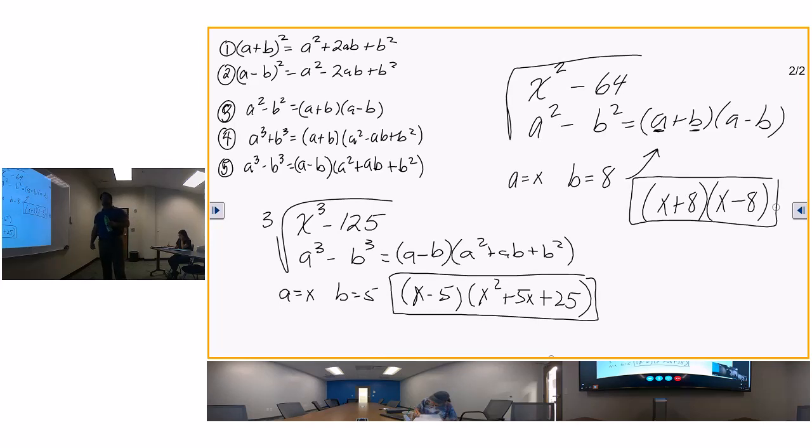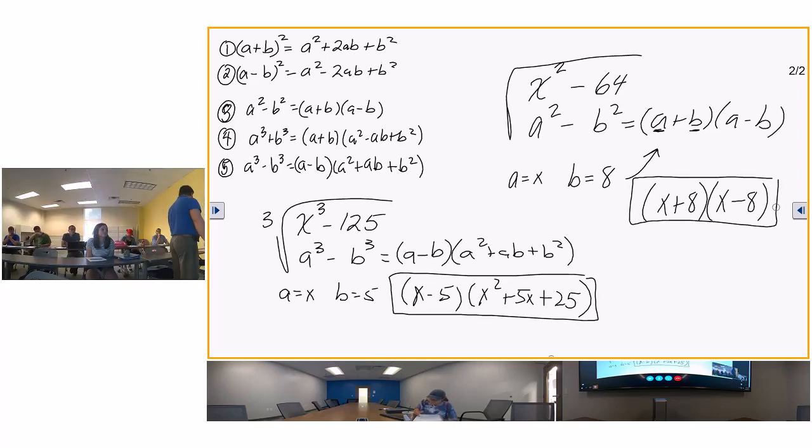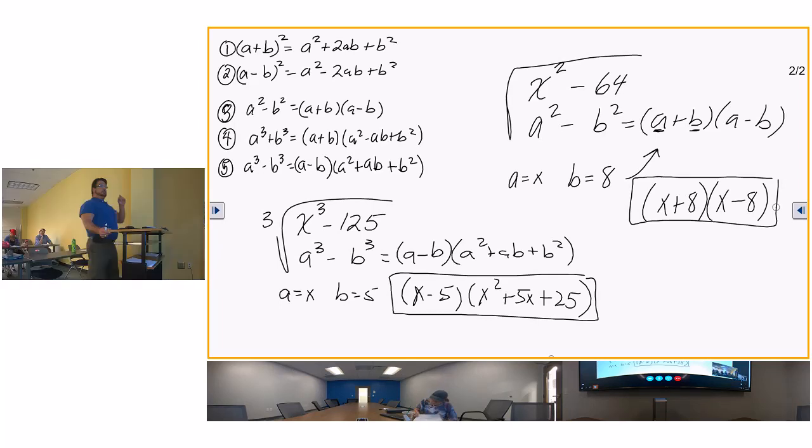Yes, yes, and yes. You are not going to get away from these. Okay? You're not going to get away from rationalizing the denominator. You're not going to get away from any of those things that you were pressed on in Algebra 2 and Math 102 and Math 110. You're not going to get away from it. Okay? If a degree was easy, everybody'd have one. If math was easy, everybody'd have a degree. Always remember that. All right.